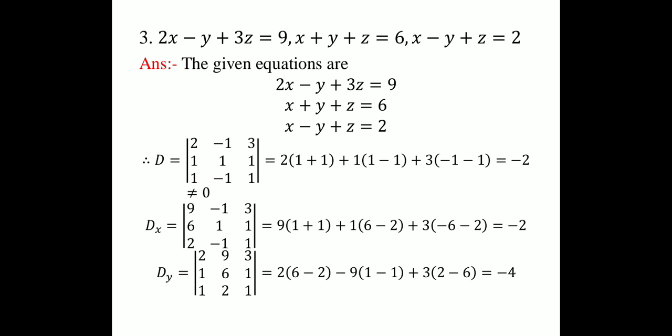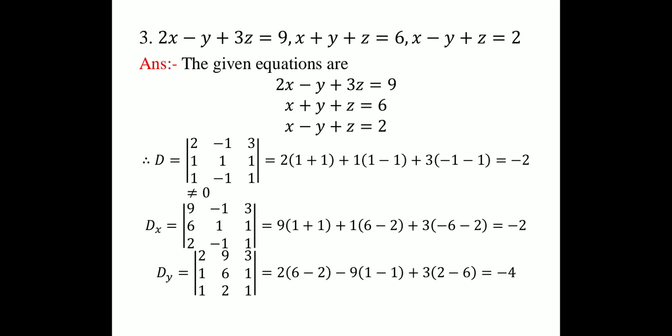So what we do for dx, we replace the coefficients of x by 9, 6 and 2. Okay, that is dx is equal to the determinant of 9, minus 1, 3, 6, 1, 1, 2, minus 1, 1.